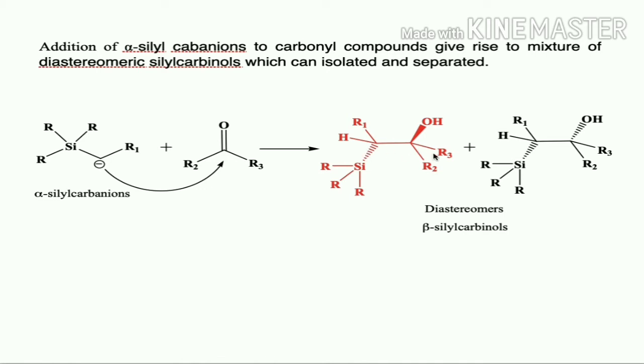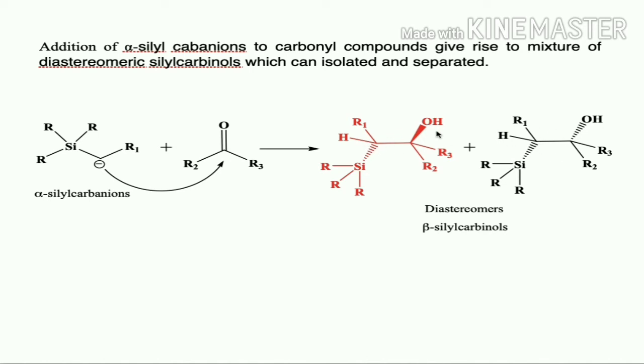So obviously if we have two stereo centers, you can use the formula 2 power n. So it is going to form 4 isomers. From this diastereomer you have 2 isomers and from the other diastereomer you have 2. Means silyl and OH group, in this case it is below, or the other possibility is both can be above.